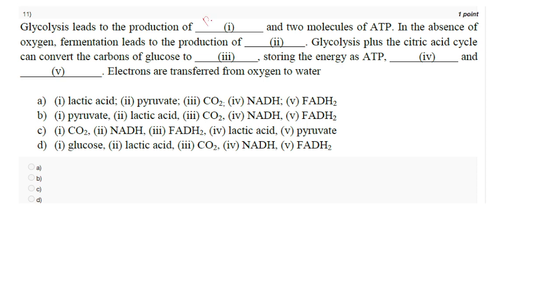Pyruvate, and two molecules of ATP. In the absence of oxygen, fermentation leads to the production of lactic acid.